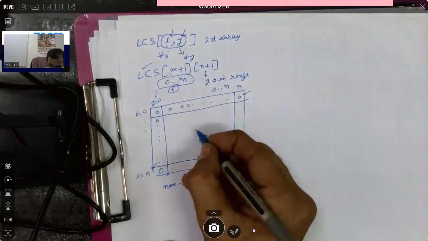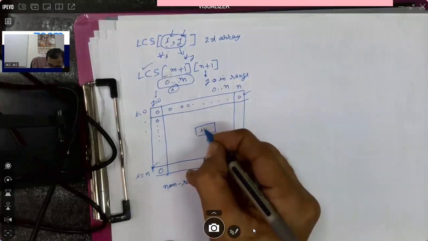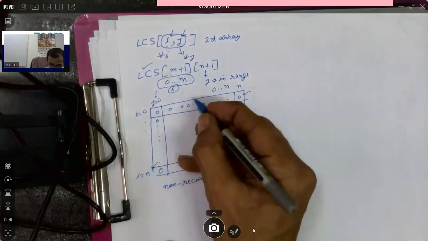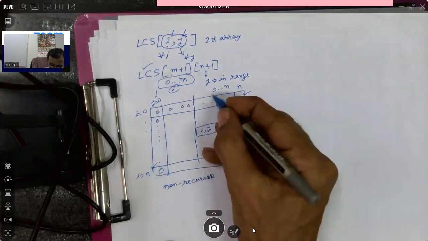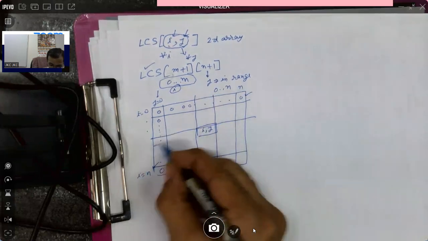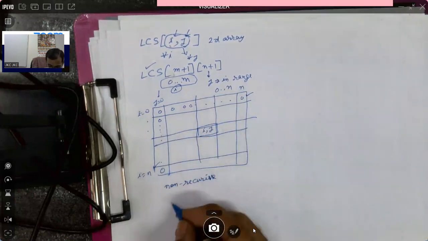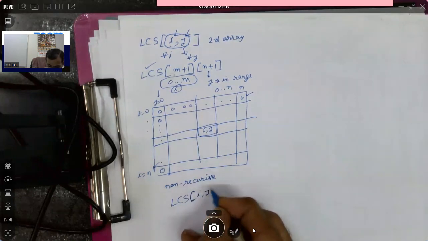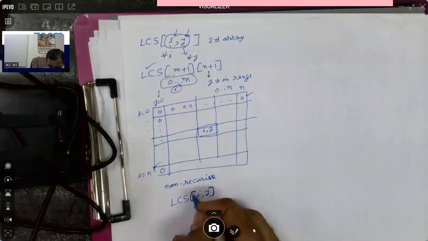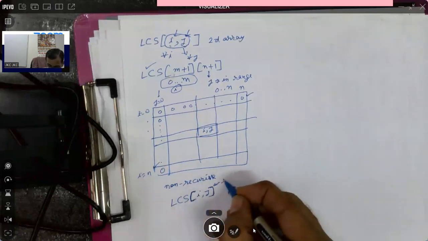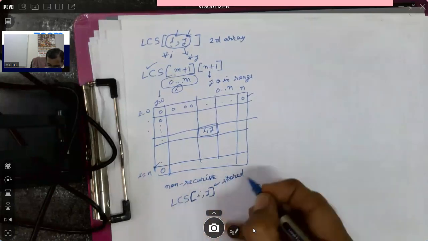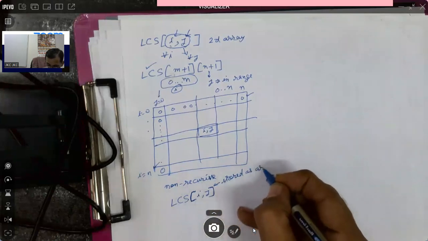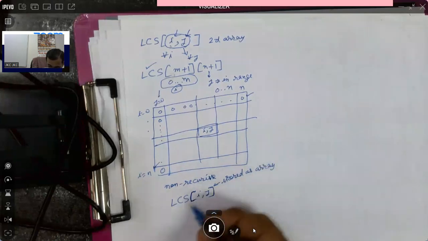Then if I want to find some value ij, say some box ij, how will this value be computed? So LCS of ij. Earlier we had small brackets, and now this becomes a stored value, stored as an array, so I can directly use it.